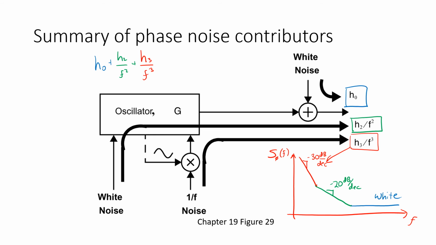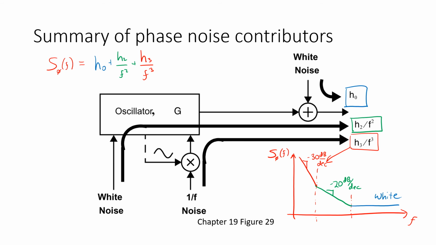Now, although a real phase noise plot will show these three terms blurred together and may indeed have other effects showing up, still it's almost always possible to clearly discern three different frequency ranges where each of these three phase noise components is dominant.